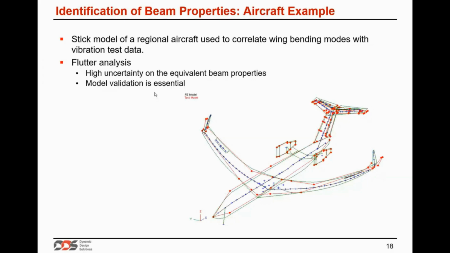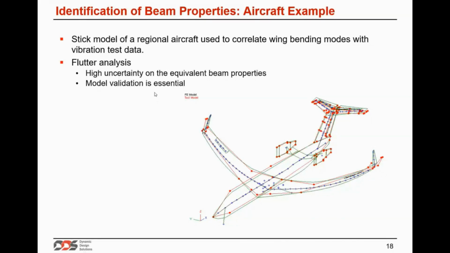And I think it's also important for civil engineering structures like bridges, because of the need for simplification of the model, it will not always be possible to model every component, every beam in the structure.